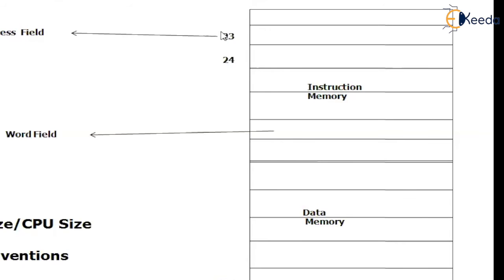So this is the address of the current instruction, and this is the address of the next instruction. When the CPU is executing this instruction, the program counter holds the address part of the next instruction. When the 23rd is getting executed, the program counter holds 24. When 24 is getting executed, the program counter holds 25. So the program counter is eventually going to hold the address part of the next instruction.